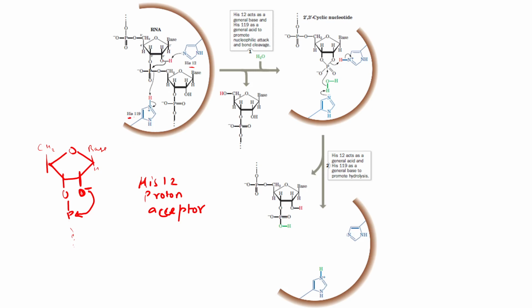Now histidine 12 was acting as a base, so it was accepting a proton. Histidine 119 is acting as an acid, so it will donate the proton. So proton donor. Okay, so it will donate the proton. So what is happening? This proton is abstracted by histidine 12.